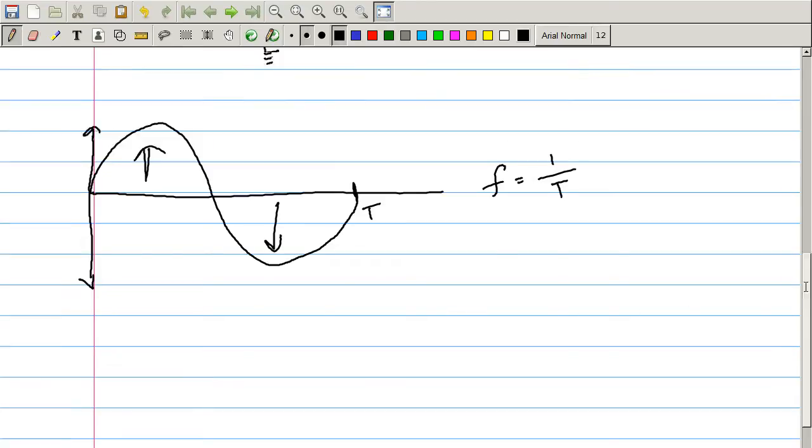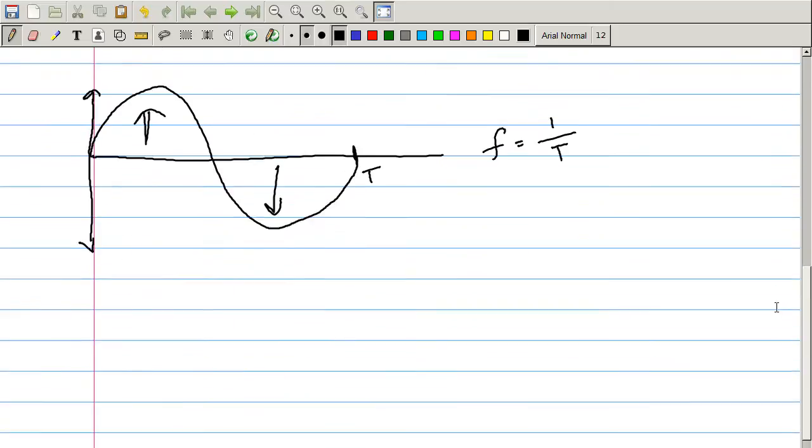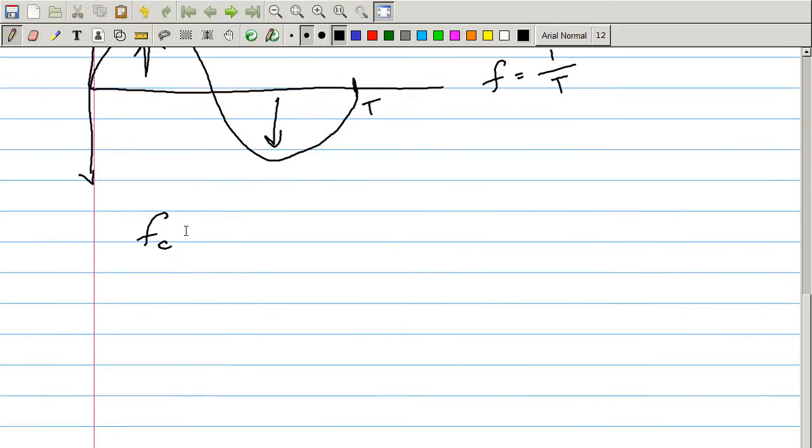Now, the cutoff frequency is 1 over 2 pi RC. If you were to look at this in its angular cutoff frequency, it's 1 over RC. Why do we care about its angular cutoff frequency?